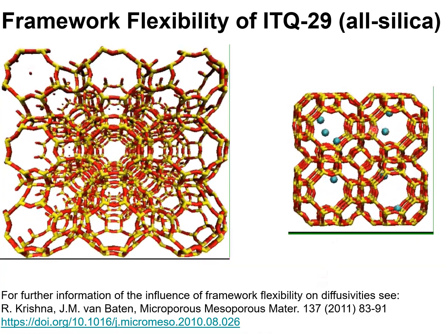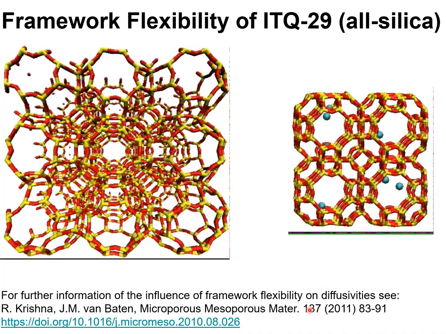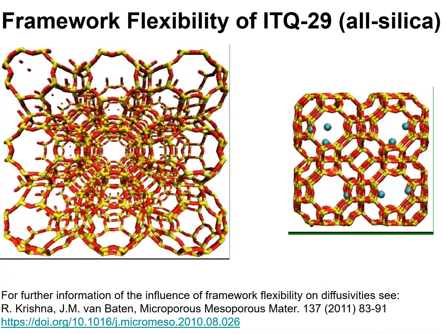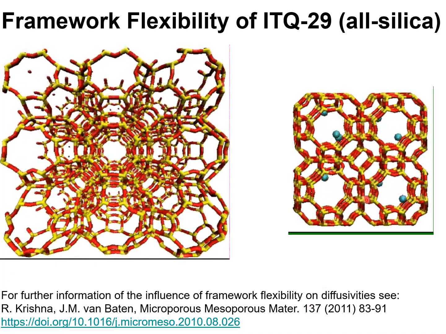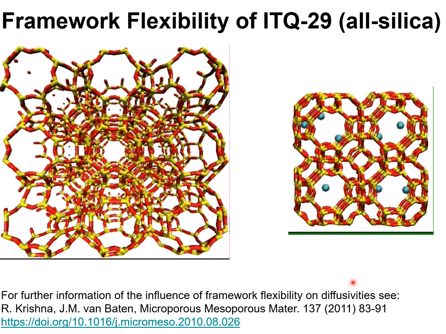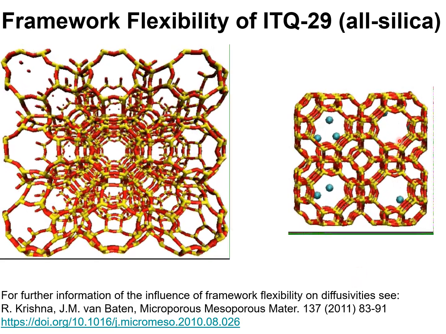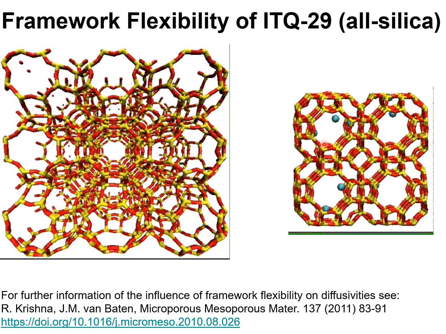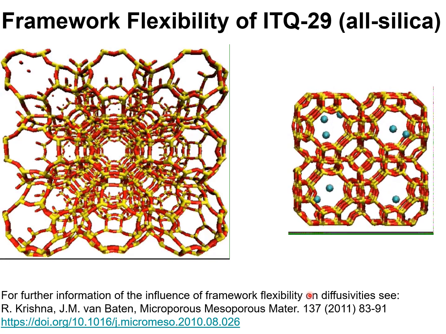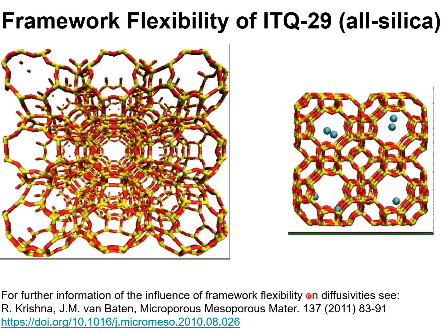These are the windows connecting the 2 adjacent cages. Windows here, here, here, and here. In each cage, each frame, we see methane trying to hop across the windows.